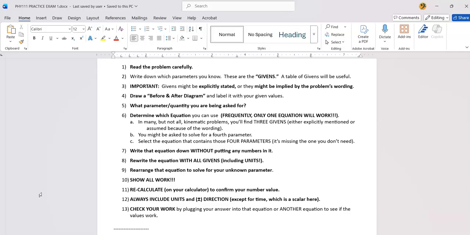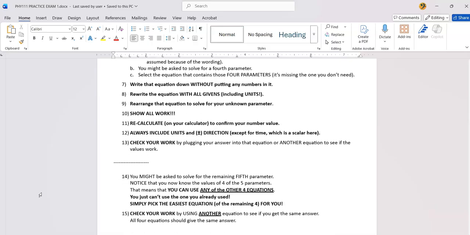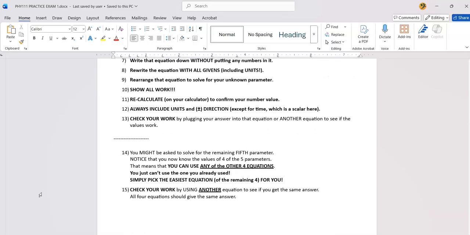That means either doing the problem again from scratch as if you've never seen it before, or if you have a second equation you can use, you can plug in the numbers. But if all you've done is figured out your 4th parameter, your 4th property, there isn't a second equation you can use. Now, in many of these classic kinematic problems, you'll then be asked to figure out what's the 5th parameter, the 5th one of those variables in your original given table, the one you didn't care about up until now.